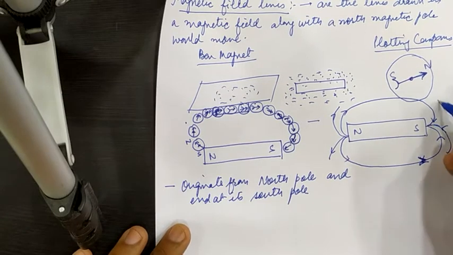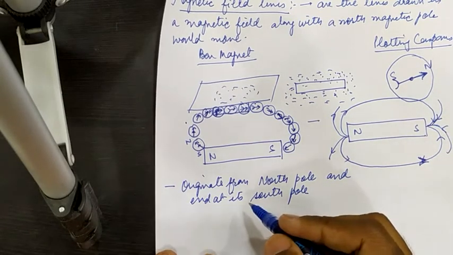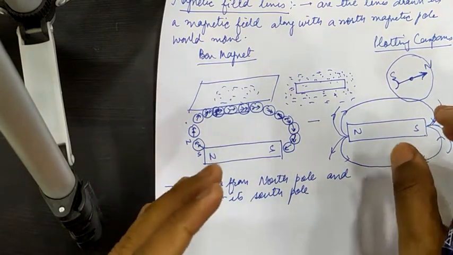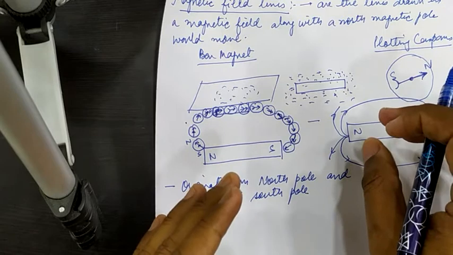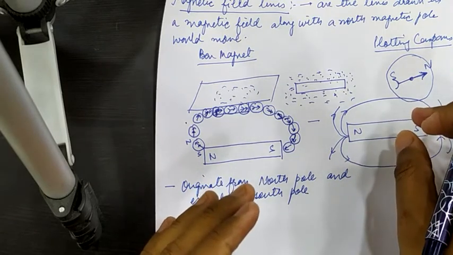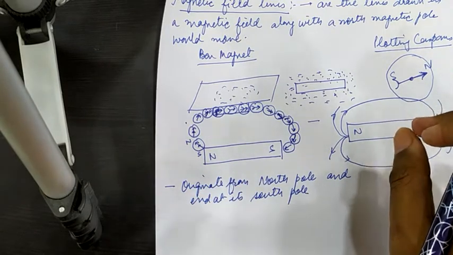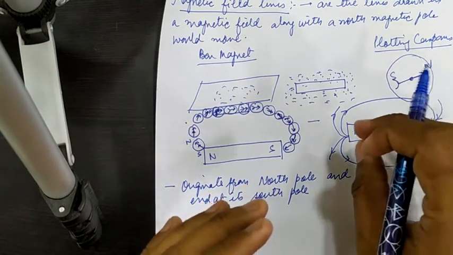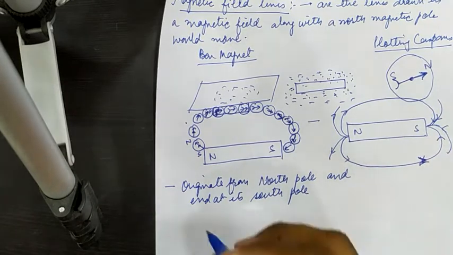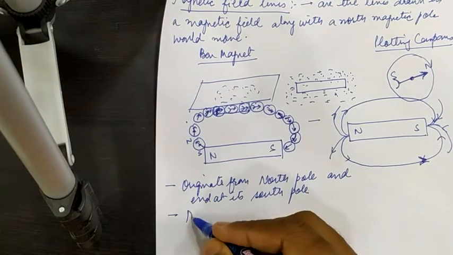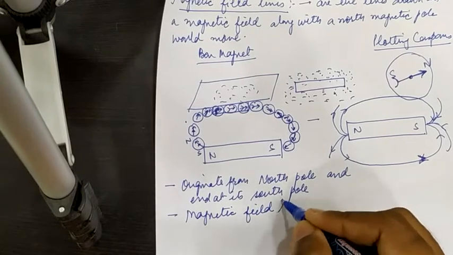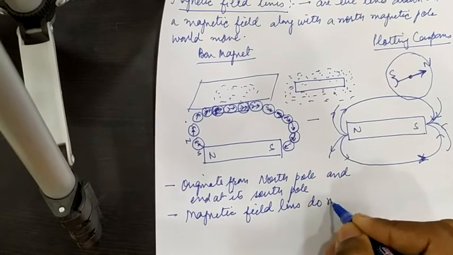So the second characteristic is that the magnetic field lines are closer to one another near the poles of a magnet, got it? So a strong force of magnetism will be seen at these poles, means at the North Pole as well as the South Pole. And lastly, the magnetic field lines do not cross each other or intersect each other.